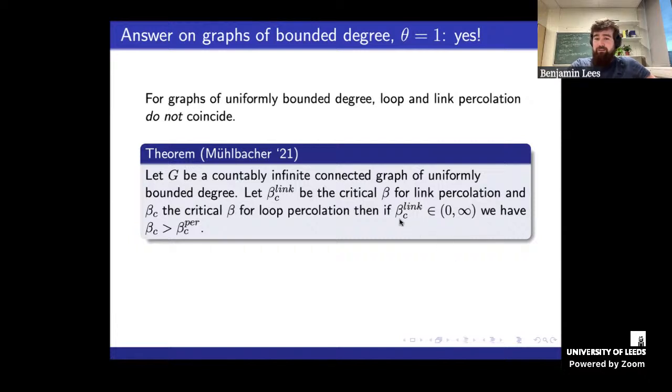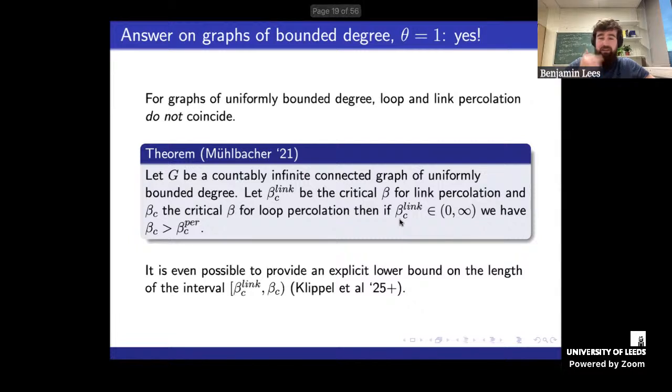Okay, in some cases, like Z1, for example, beta link is infinity, but in all the interesting cases, they do differ. In fact, it's even possible to give an explicit bound on the length of this interval. The bound will depend on the graph in a potentially complicated way, but essentially depending on it through the bound on the degrees of vertices.